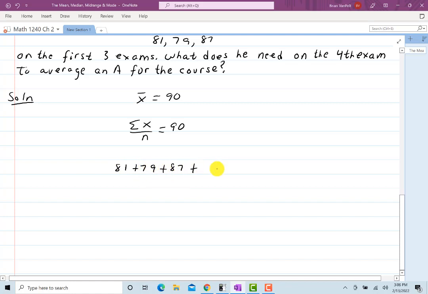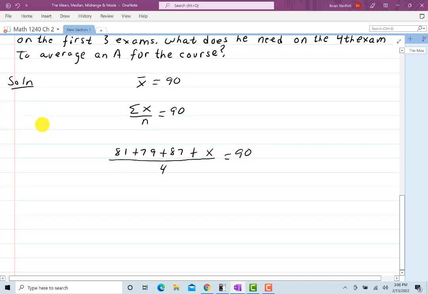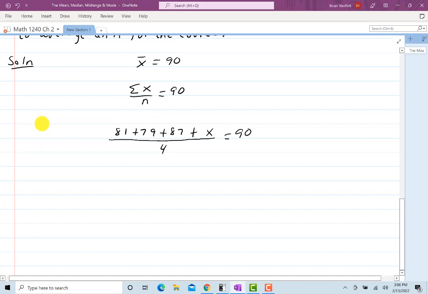And then the last test, I don't know, so I'm going to put an X in there since that's what I'm trying to figure out. This will be a total of 4 scores, and that will equal a 90. Now what I'm going to do is multiply both sides by 4. So I'll have 81 plus 79 plus 87 plus X is equal to 360.